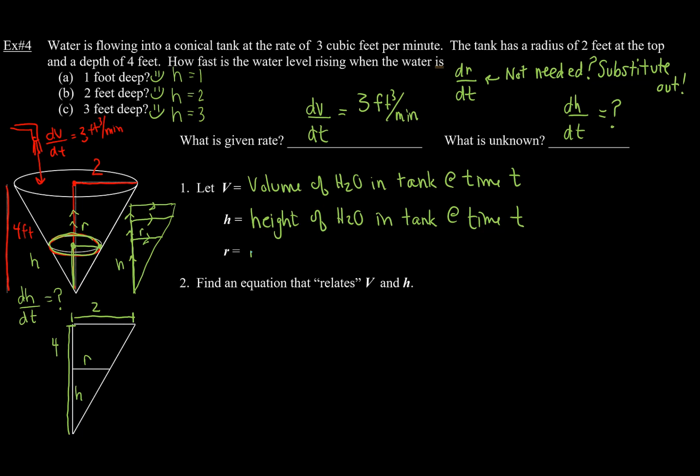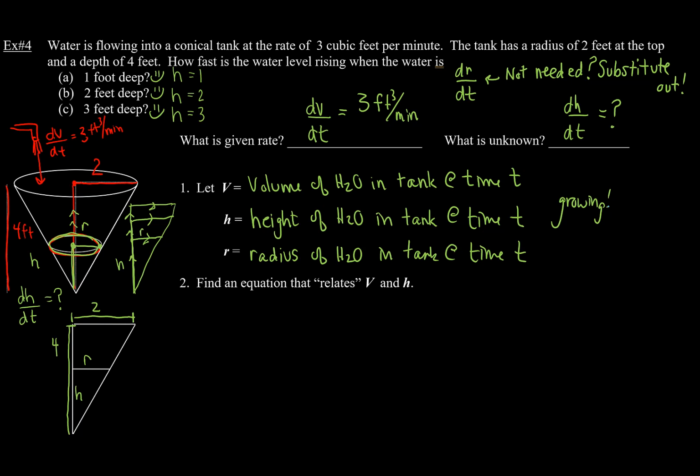And then R is the radius of your water in the tank at whatever time t. And all of these are growing, right? All of these are growing. So all of these rates are going to be positive when I look at their rates.